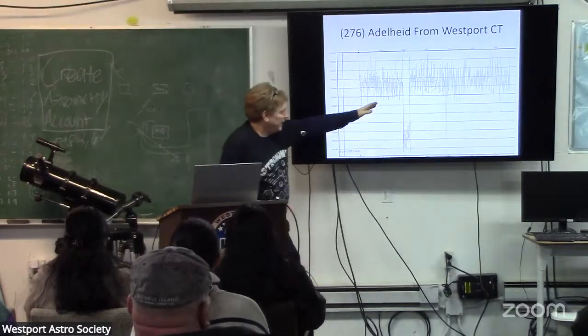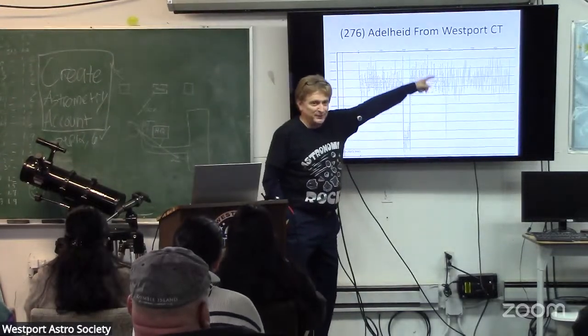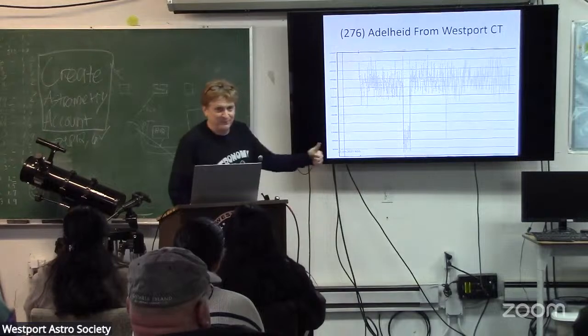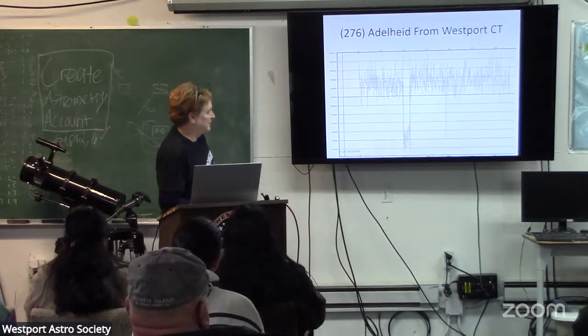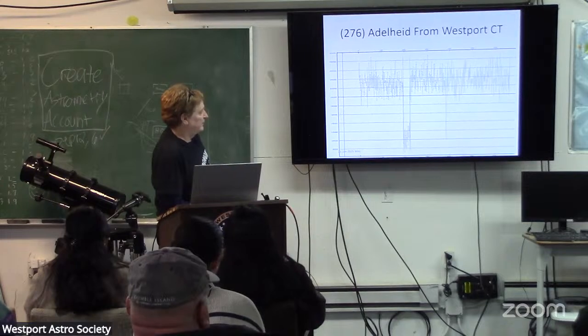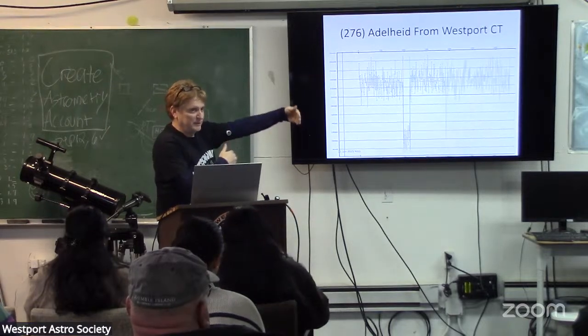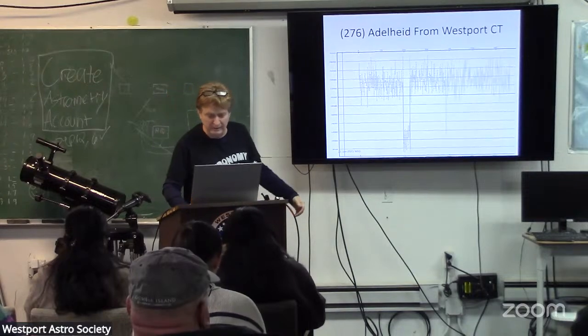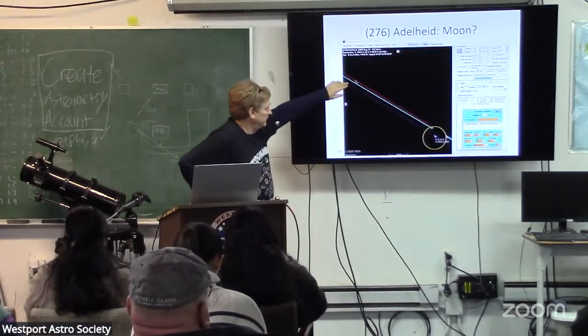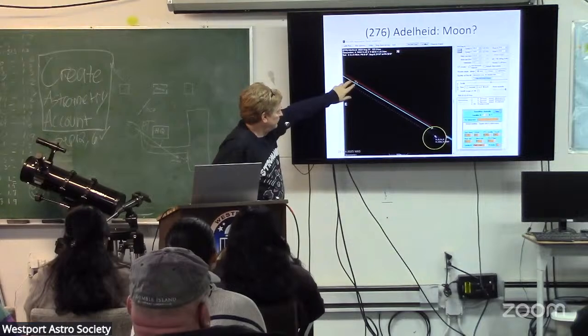Then shortly after, there's this little blip, which is best described by having a moon in orbit around this asteroid. That's about 300 kilometers distance between the main asteroid and the moon candidate.